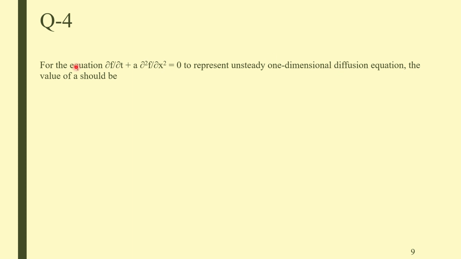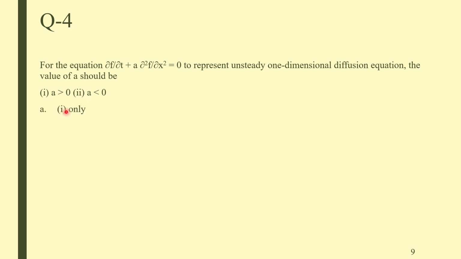The one-dimensional diffusion equation is dou f by dou t is equal to A times dou square f by dou x square. If the term goes to the other side, it should be positive, so A should be positive on that side, and on the left-hand side it needs to be negative. We see first, one is A greater than 0, second is A less than 0.